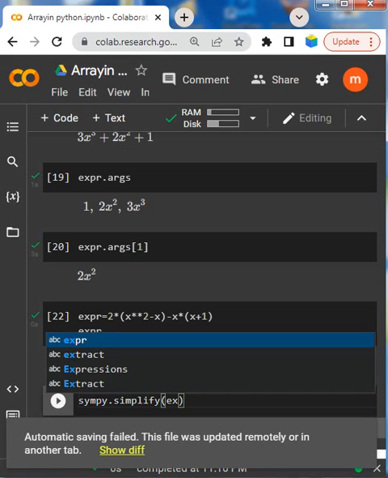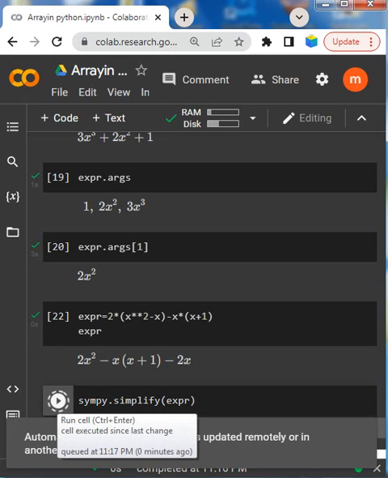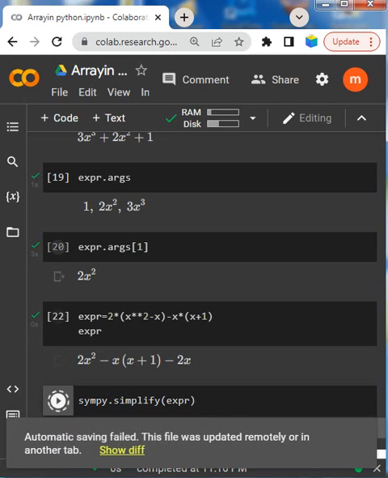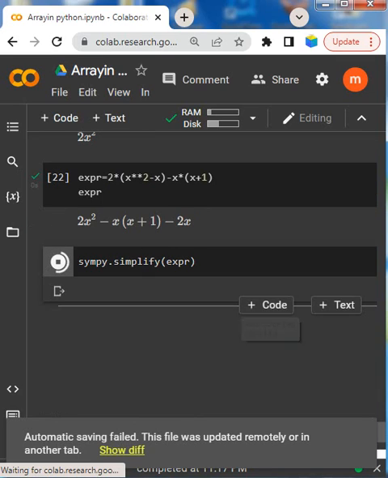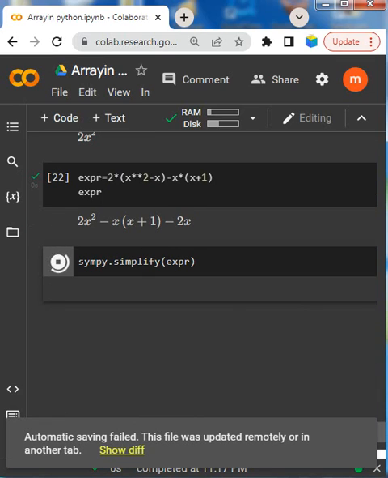See here, simplify. Yes, it has been simplified. So simpy dot simplify expr, and expr dot simplify returns a new expression.